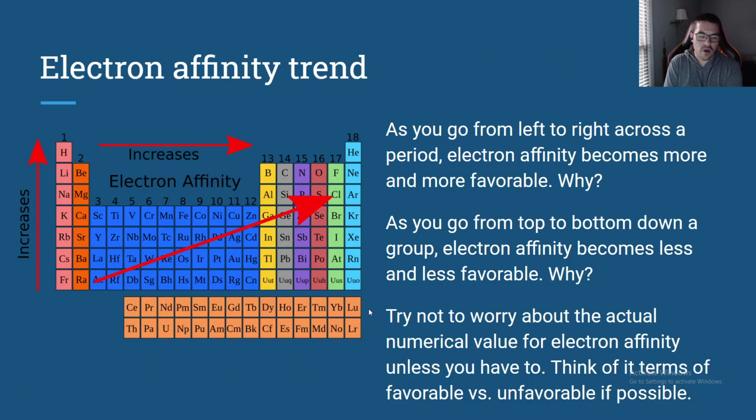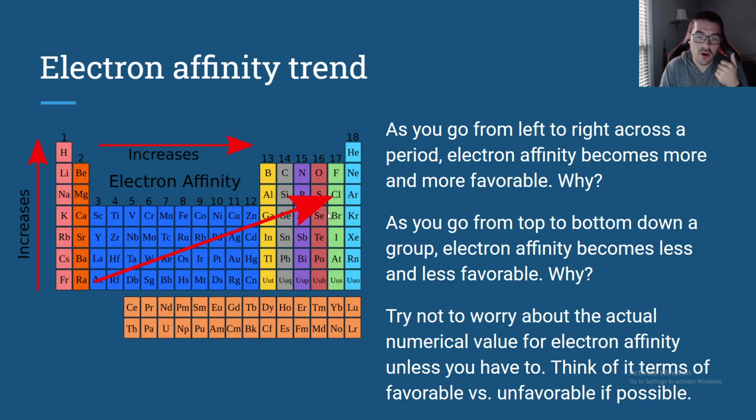Okay, so we didn't explicitly talk about electron affinity trends, but we're going to do so right now. As you go from left to right across the periodic table, let's think about ionization energy. As you go from left to right, the ionization energy went up.